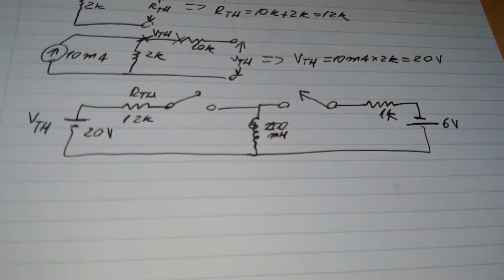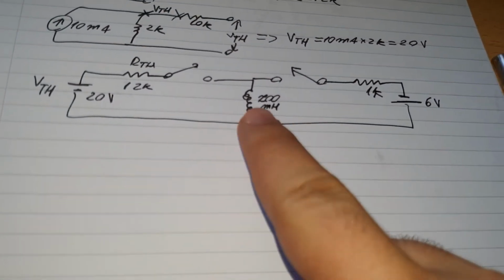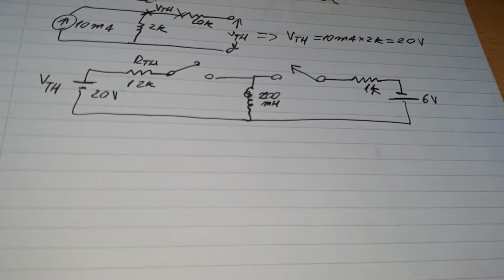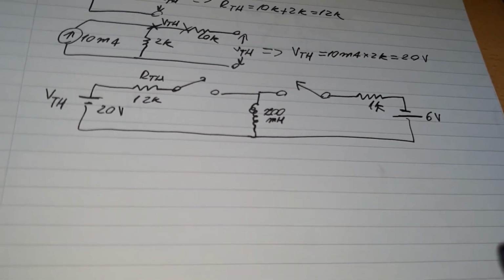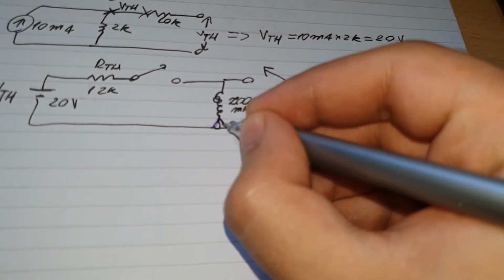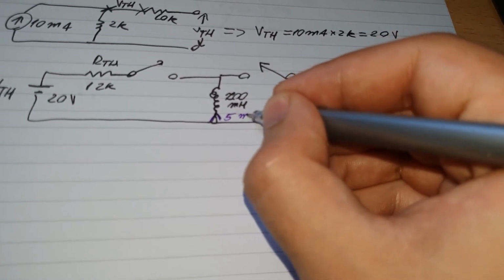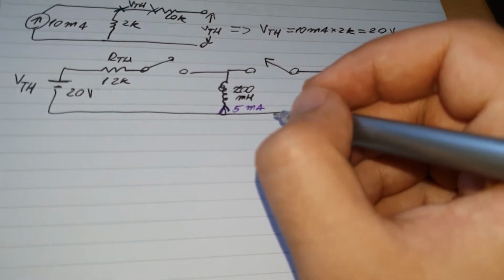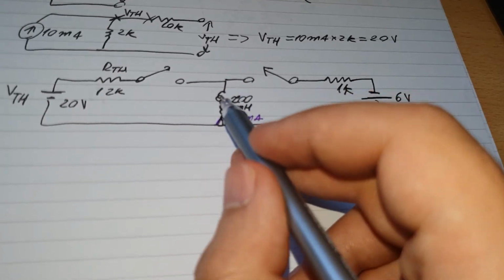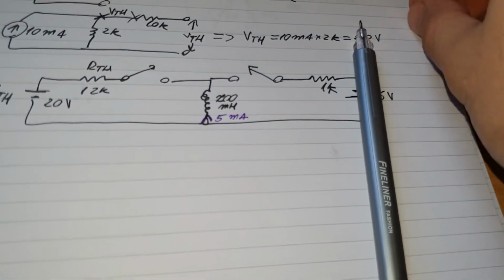Alright, so remember that this inductor is actually still charged from the previous part. Even if we opened this circuit here, even if the switch is open, it still has inside a 5 milliamps charge. So there are still 5 milliamps worth of charge inside this inductor.